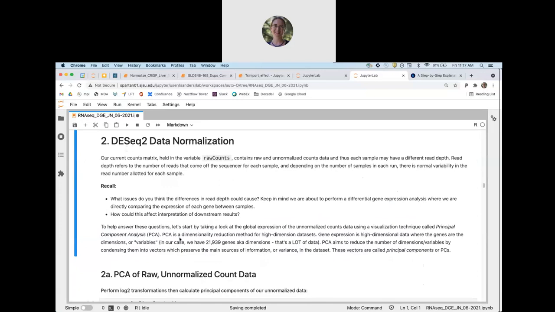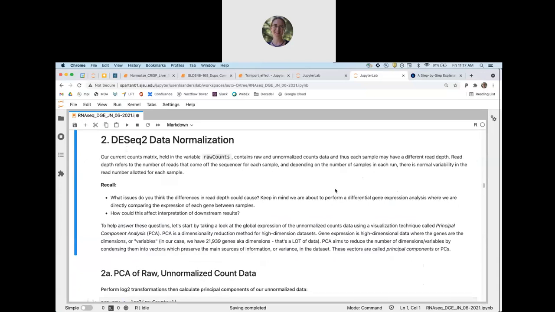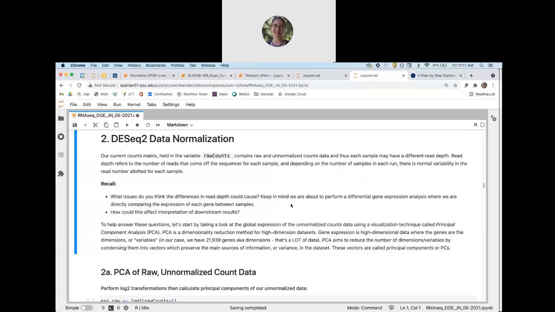So we have talked about how each sample has different read depth and the issues that the differences in read depth can cause if we think that a sample has higher gene expression, but it really is a technical artifact from sequencing depth. This can affect the interpretation of our downstream results by tricking us into thinking that we have statistically differentially expressed genes biologically, when really they're just technical artifacts.